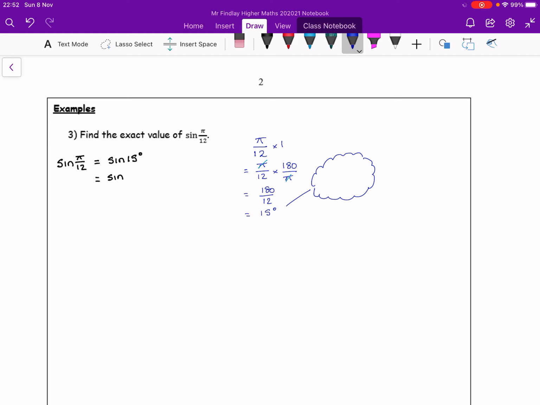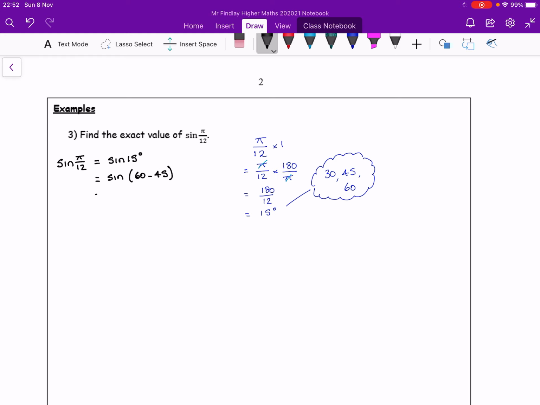How can I get 30, 45 and 60? I actually get two options, 45 minus 30 or 60 minus 45. Absolutely, either would be absolutely fine. I'm going to go 60 minus 45.